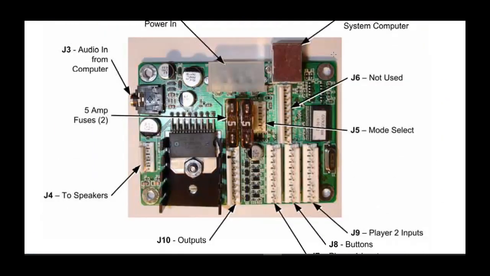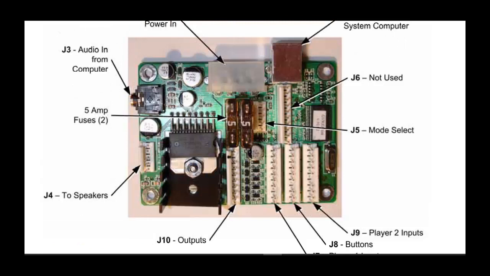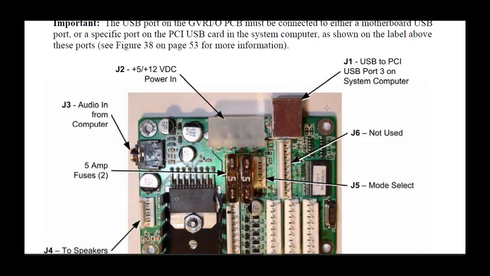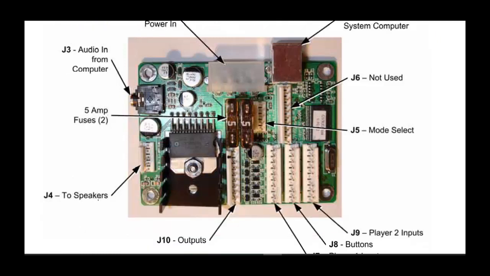Now we see in the manual the main board, as we explained at first. J1 is for connecting to the USB PC, J2, J4, J10.